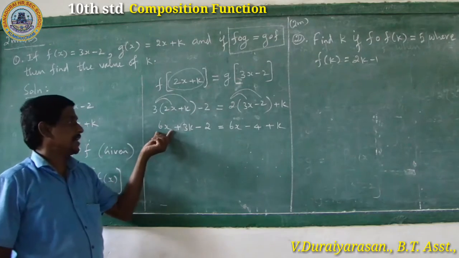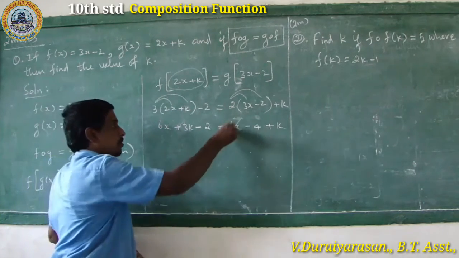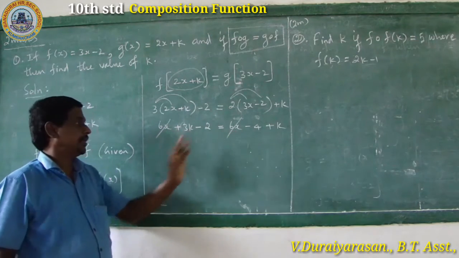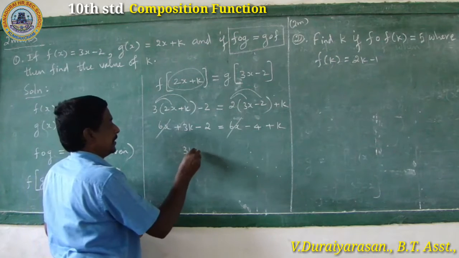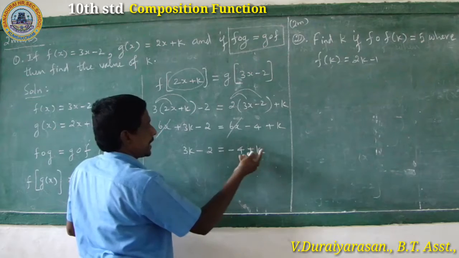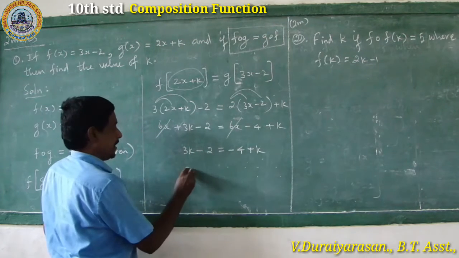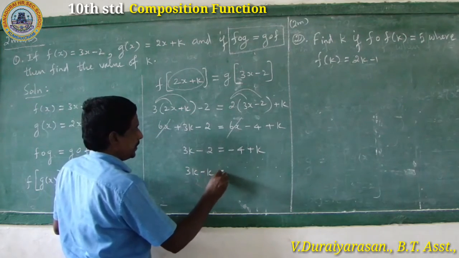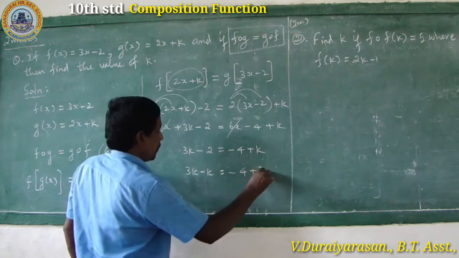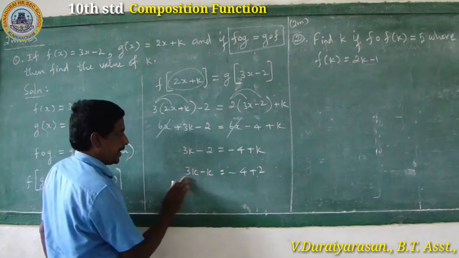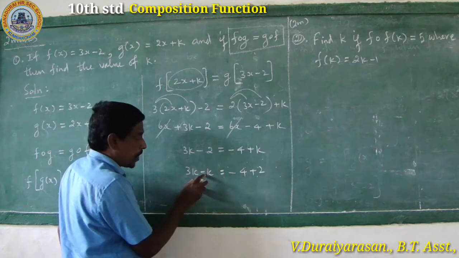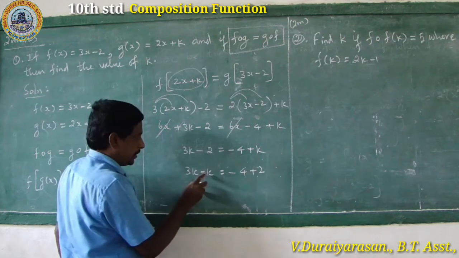Left hand side 6x, 6x. So using the cancellation law, strike out this 6x. Right, the balance value: 3k minus 2 is equal to minus 4 plus k. Transpose k to the left hand side, 3k minus k, and minus 2 transpose to the right hand side, minus 4 plus 2. 3k minus k means 2k, since the coefficient is 1.